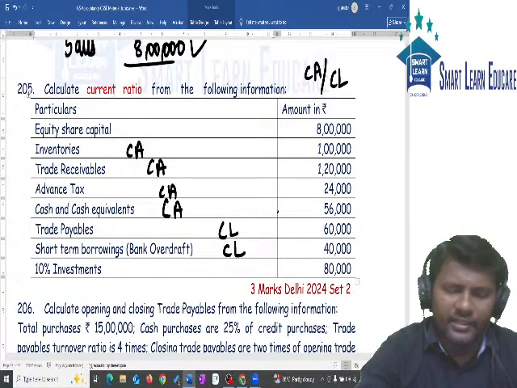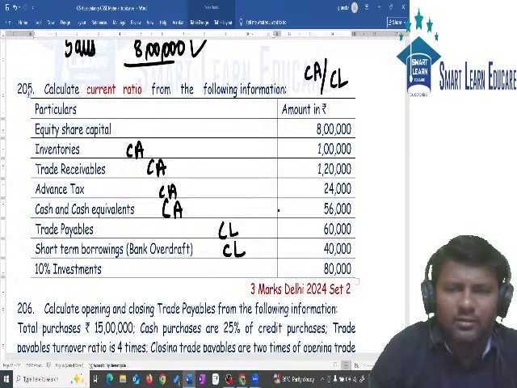Current asset divided by current liability will give you your final answer. Three is to 1. So what is your total of current asset?